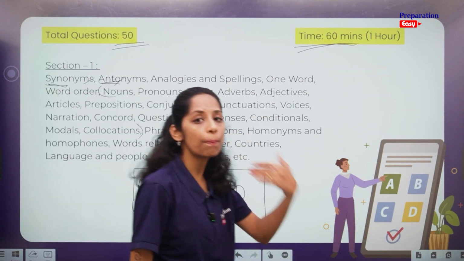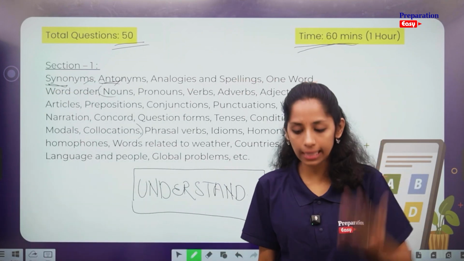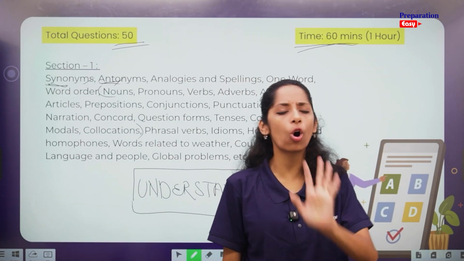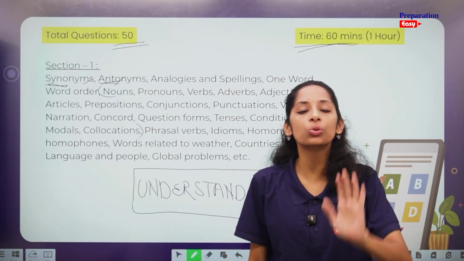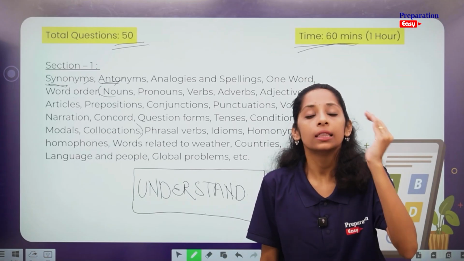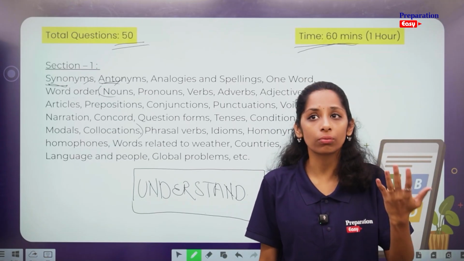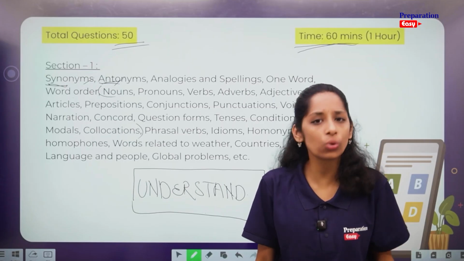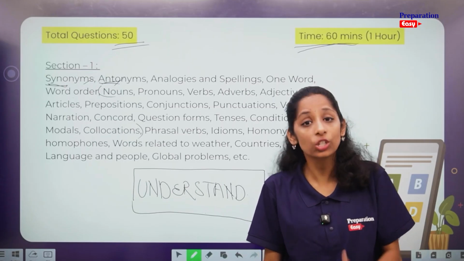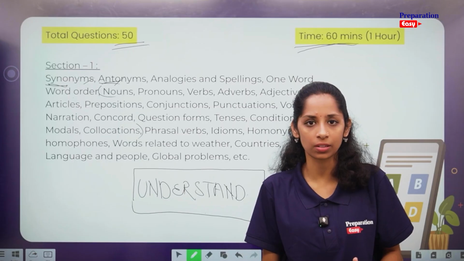Okay, we are in 10th class. I believe you all know the parts of speech, but the exam is not going to ask you just the parts of speech. The expectation from the students is a little higher, not like school exams. These are International English Olympiad exams.